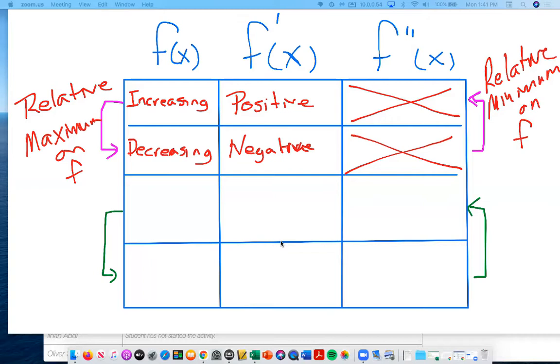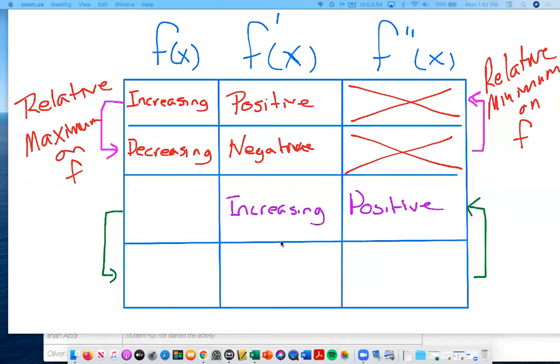So then we have this next layer down. And with this next layer down, we're going to write increasing here, and we're going to write positive here.